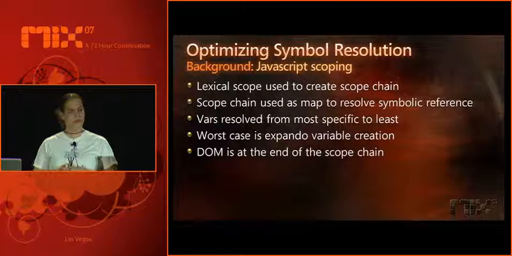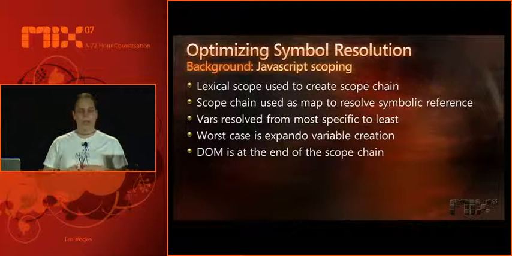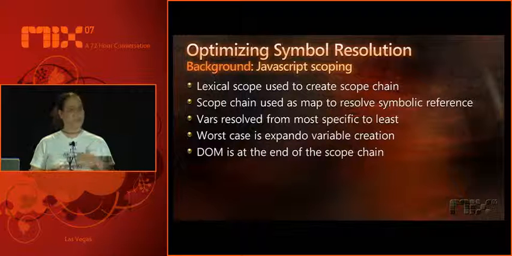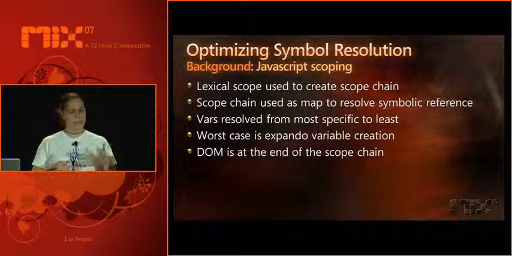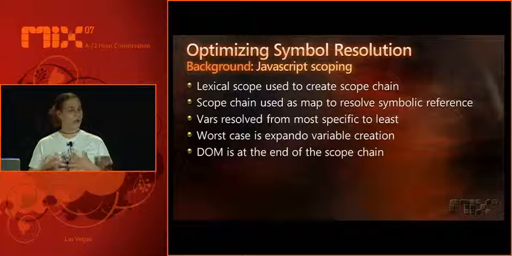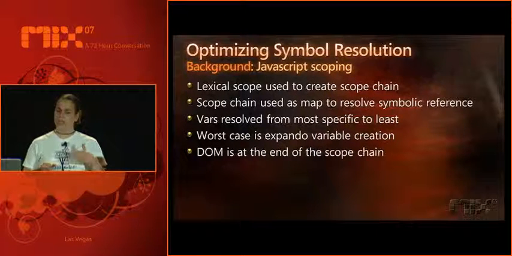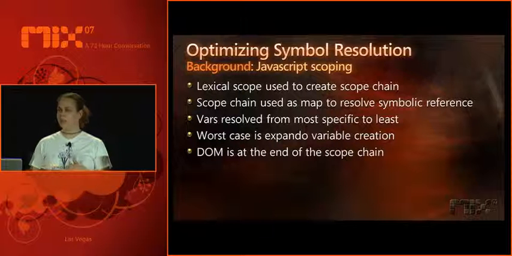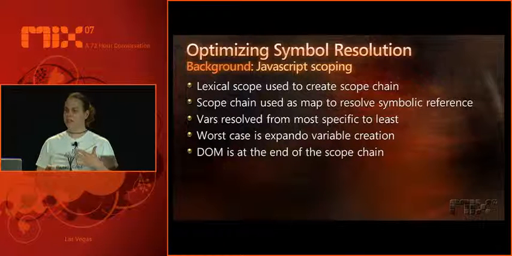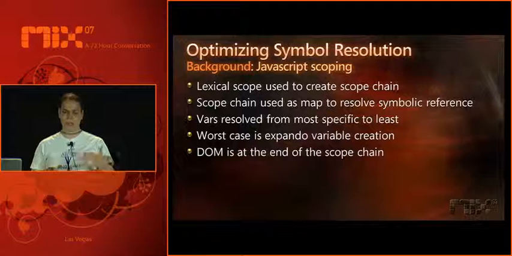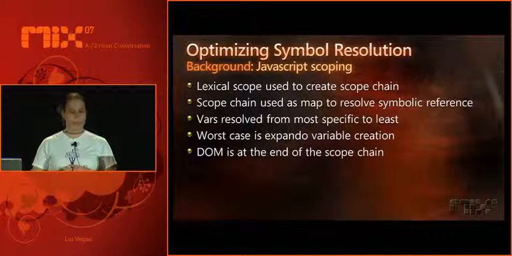When you create a variable, there's a lexical scope that's associated with that variable. That scope is put into a scope chain, and that chain is used by JavaScript to follow essentially a precedence list to figure out where the scope for the variable is and what the associated value for that variable is.